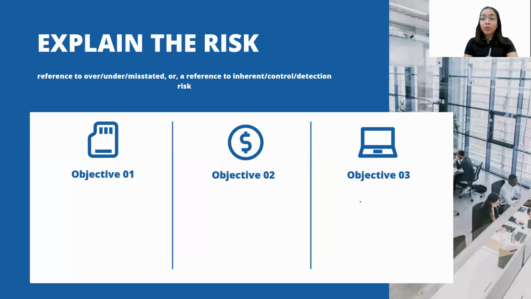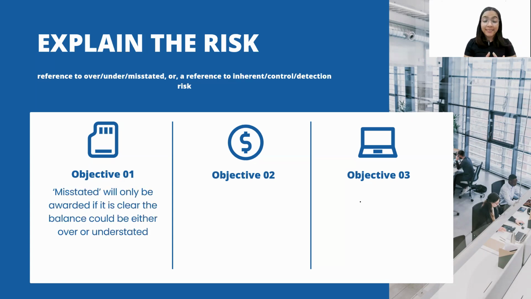Now let's come to the other half of the marks on the left side. We discussed identification. Now let's come to the explanation of the risk, where you need to write the impact on the financial statements. The first comment is about misstated. If the question is clear that this would lead to understatement and you write misstatement there, you will not get any marks.